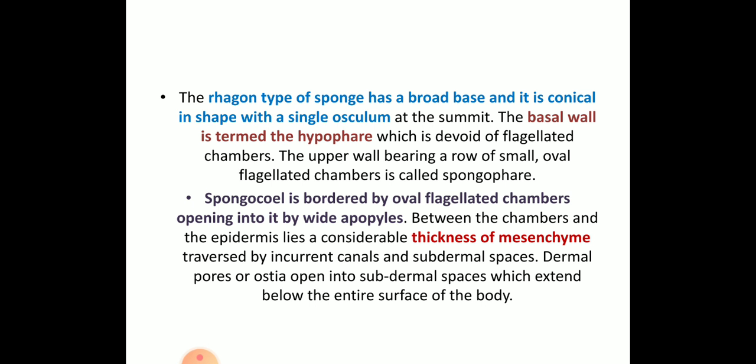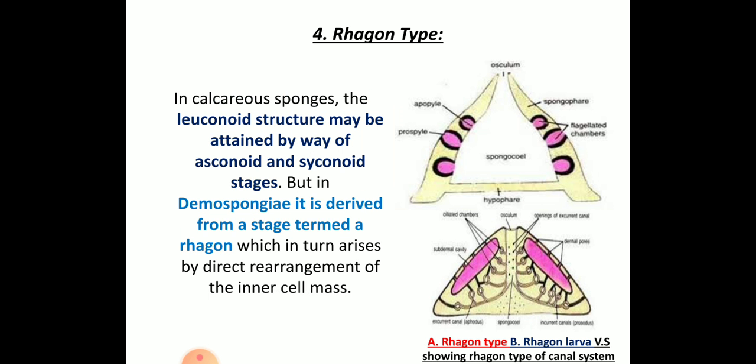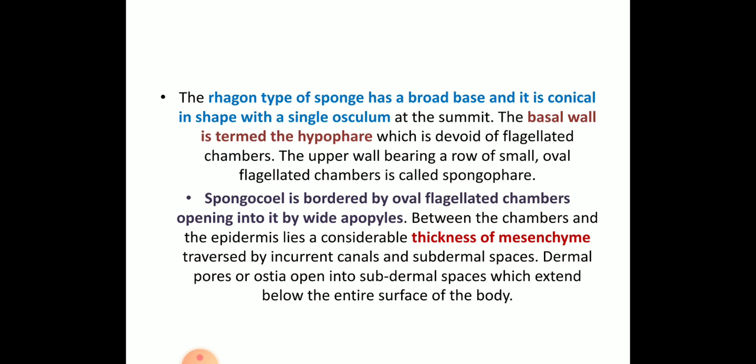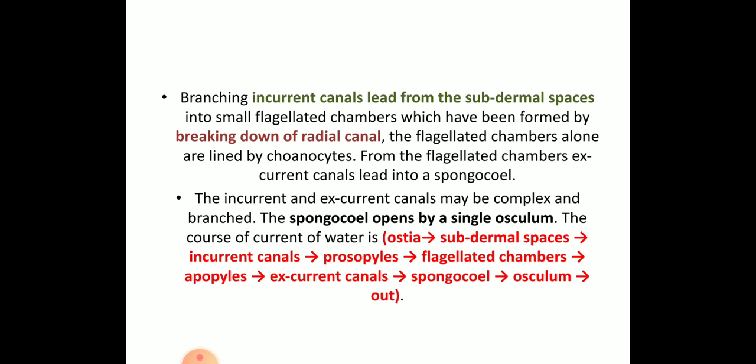The spongiocoel is broader, somewhat oval, and looks like a funnel, and thickened mesenchymal cells are present, which leads to how the water can transmit from one region to another.